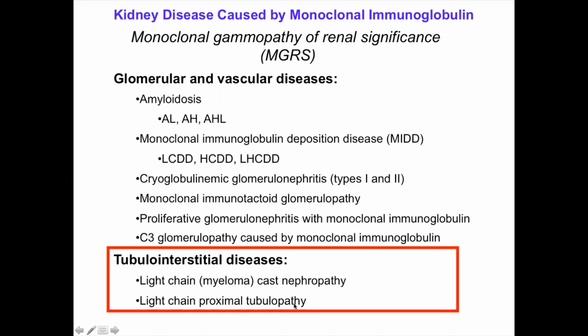And we might be able to see crystals in the tubules. I'll show you pictures. We might see crystals within the tubules, or maybe we will not. But if we are sure of what we saw on the IF and took pictures, and we are absolutely sure, we tell the clinician that we think this patient has light chain proximal tubulopathy.